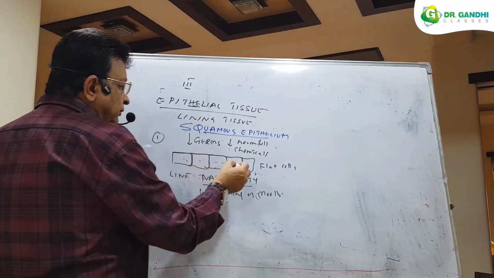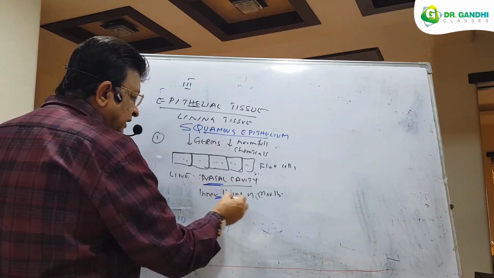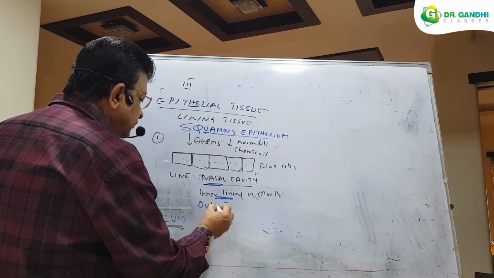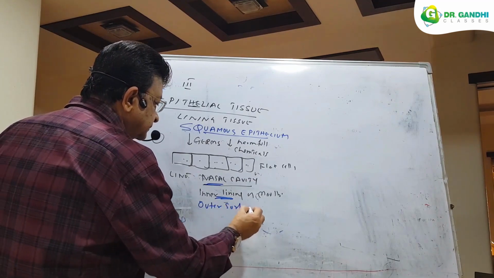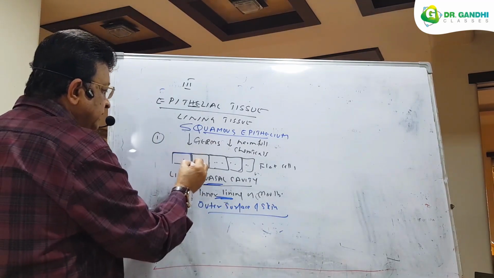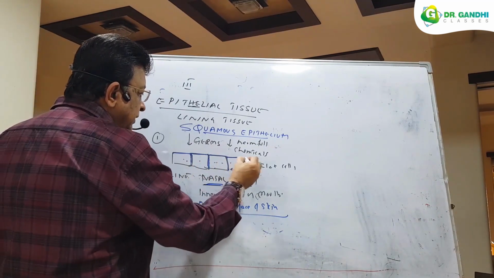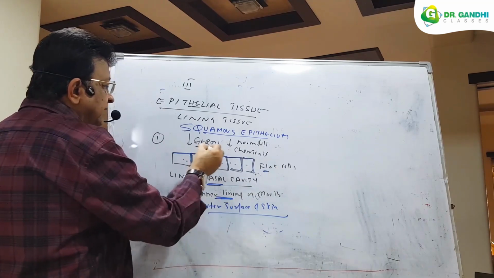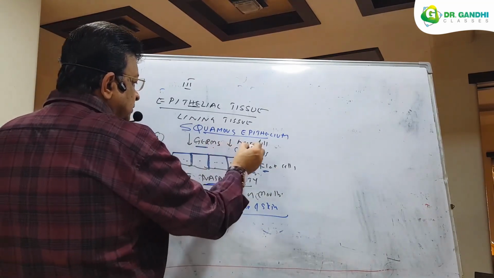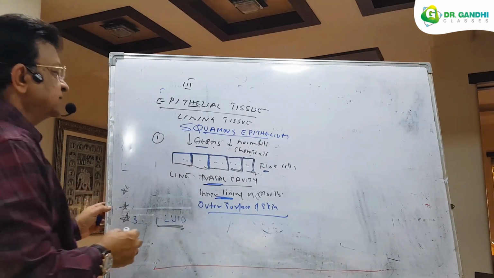It is made up of a row of flat cells, lining the nasal cavity, inner lining of mouth, and outer surface of skin. Because there is no intercellular space, the squamous epithelium protects you from germs, harmful chemicals, etc. So the first one is squamous epithelium.